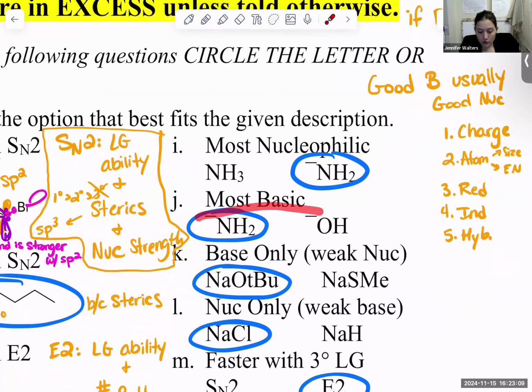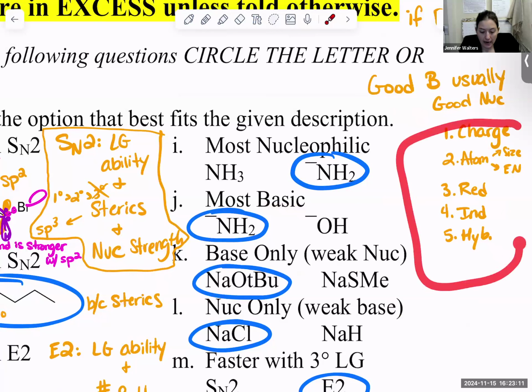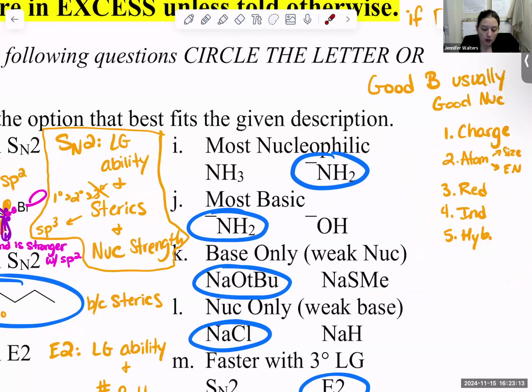Most basic. So for this, we're just straight up using our base ranking. When we look at these, they have the same charge. They are both negatively charged. So next I go to the atom. The atom that is most electron rich is comparing that nitrogen to that oxygen. There's a difference in the atom. They are in the same row or same period on the periodic table. So that means we're taking electronegativity as the factor.